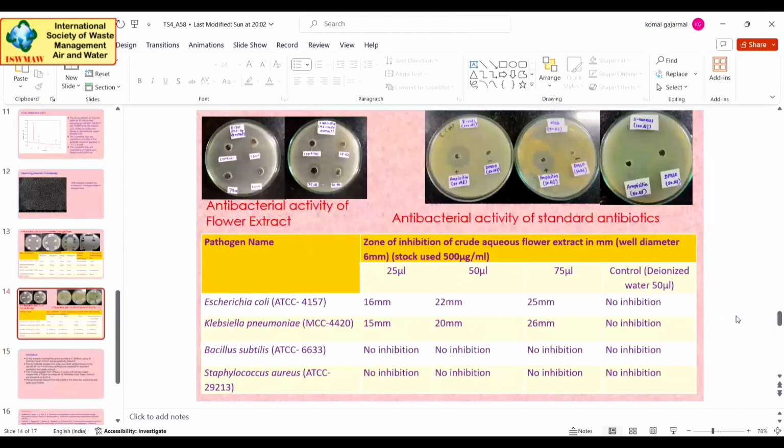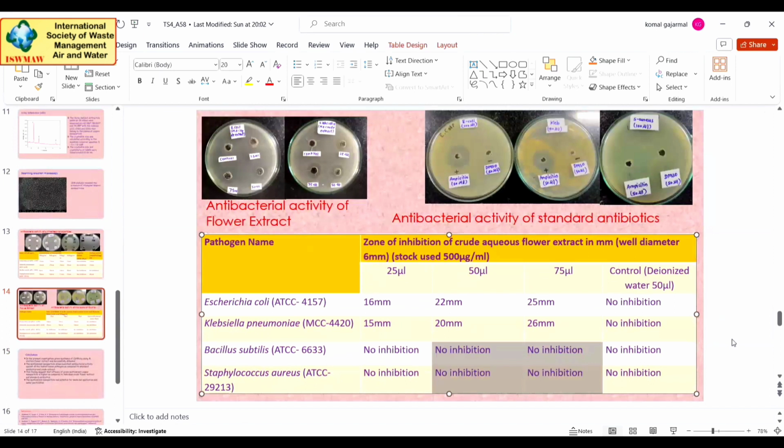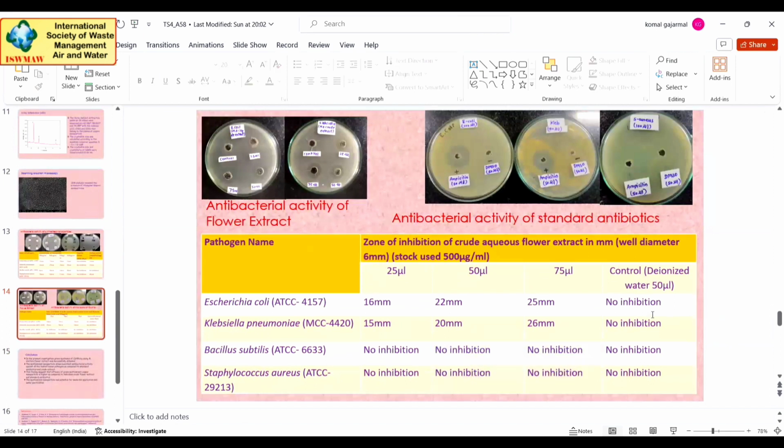Here the result of antibacterial activity of flower extract. The remarkable result observed is that Bacillus subtilis and Staphylococcus aureus do not show inhibition, but the synthesized nanoparticle shows a zone of inhibition.